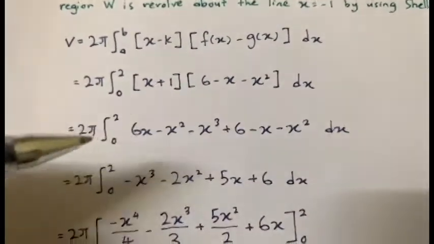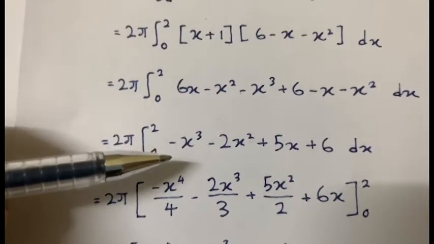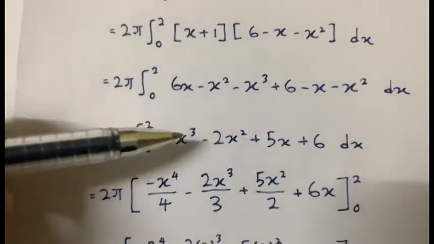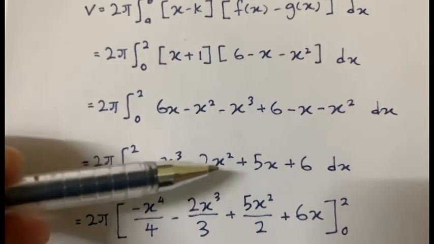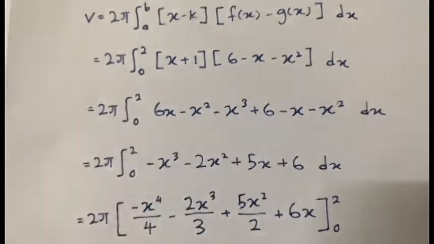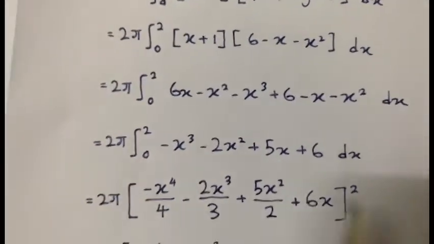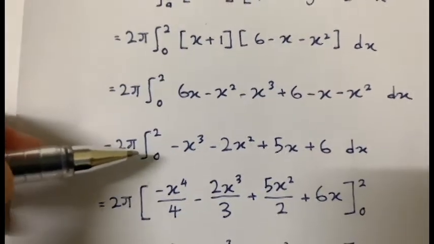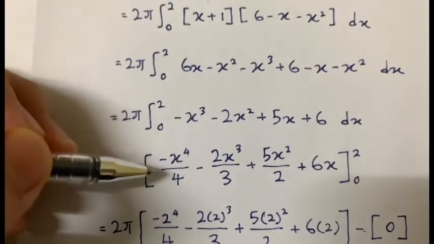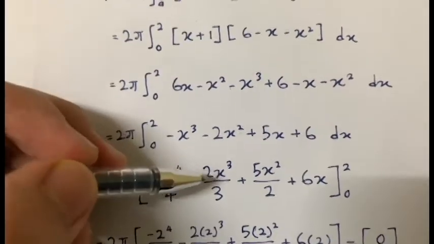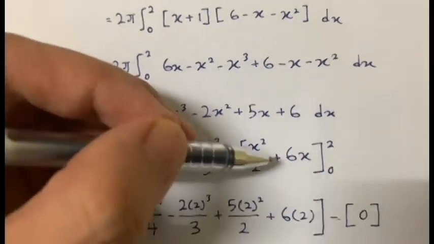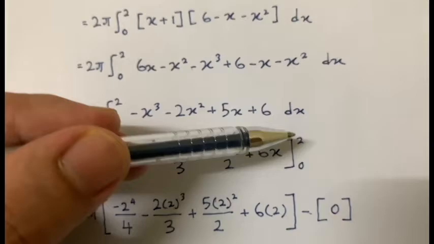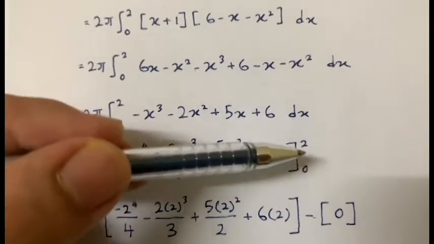If we simplify it, we get negative x cubed minus 2x squared plus 5x plus 6. From here, we're going to integrate it: negative x to the 4 over 4, negative 2x cubed over 3, plus 5x squared over 2, plus 6x, integrated from 0 to 2.